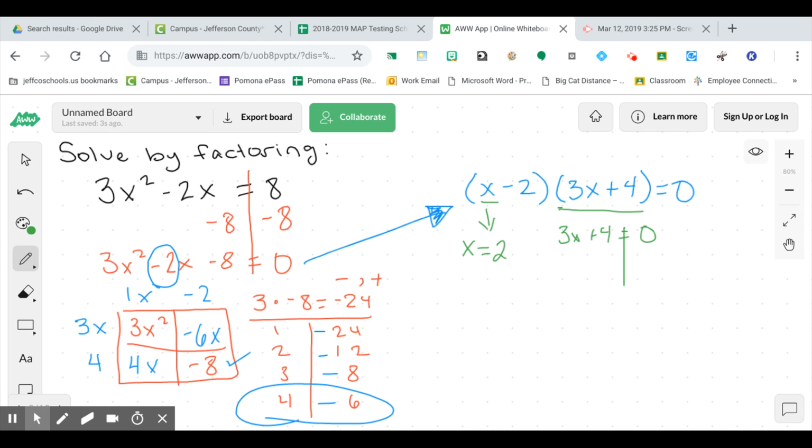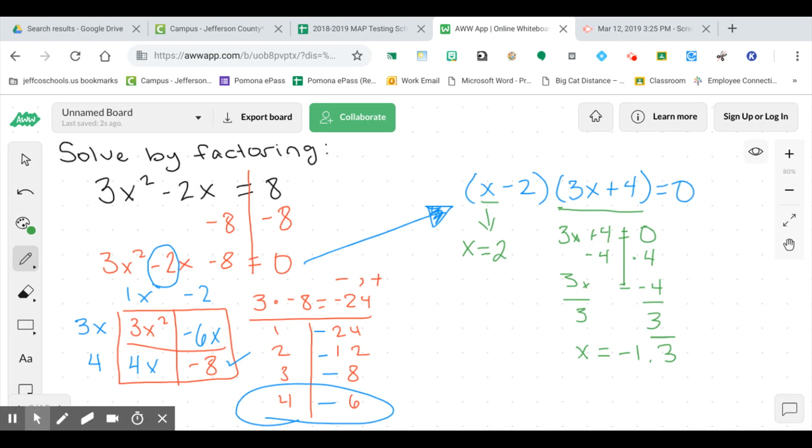Well, I get rid of plus 4 by saying minus 4 to both sides. Now I have 3x equal to negative 4. I can divide both sides by 3. And I'll get negative 1.3 repeating. I get that by putting this continue bar on top.